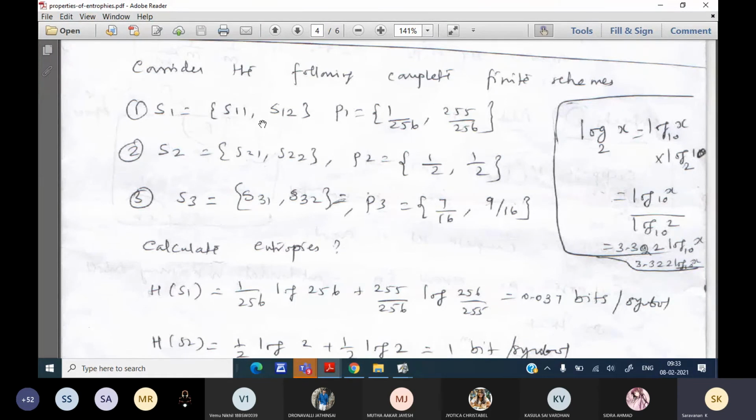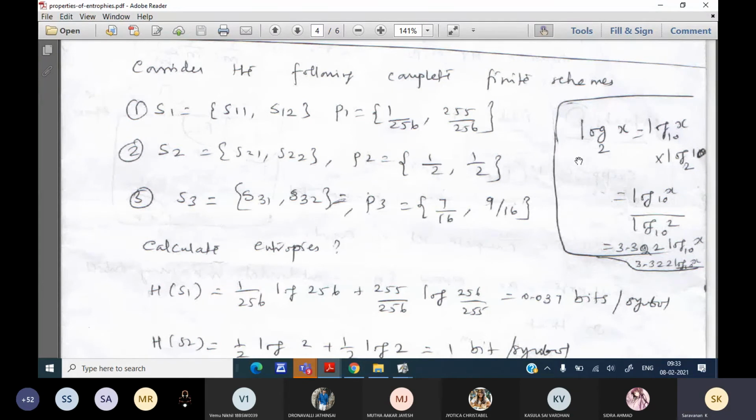Suppose in an experiment I generate only two outcomes or two events; the probabilities associated with those two are 1 by 256 and 255 by 256. For the second case it is 1 by 2 and 1 by 2. Third case it is 7 by 16 and 9 by 16. Then compute the entropy for all these three cases.